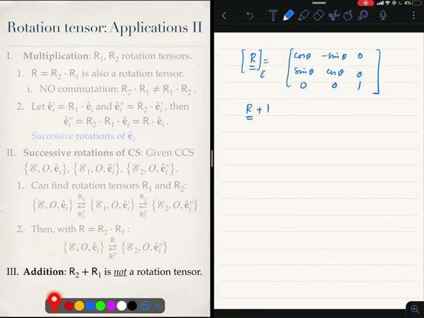And then let's look at this object. R plus R transpose, when it operates on A, you can show, does not preserve the length of A. So therefore the addition is not a rotation tensor. Remember that, because the addition of two rotations is not a rotation tensor, but you know that addition of two vectors is a vector, and this will be important in subsequent lectures. Okay.